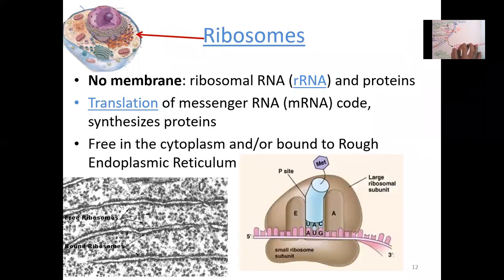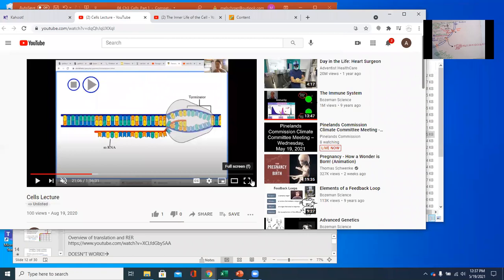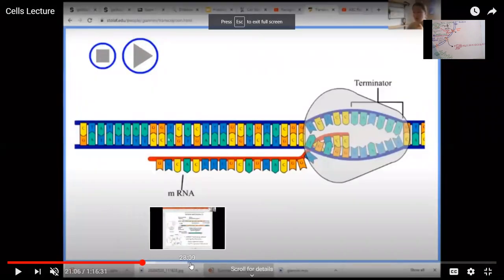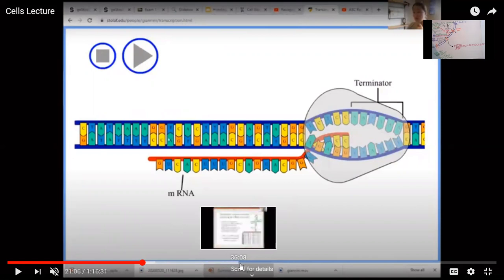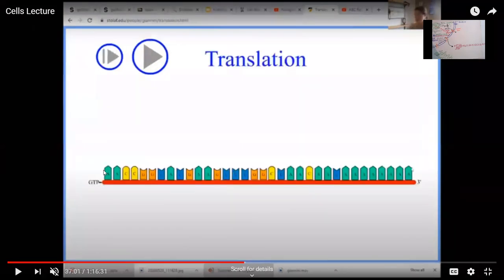Before I draw it in, let me show you what this looks like, using my super ghetto animation from a previous video here. What we're about to see is the mRNA sequence.